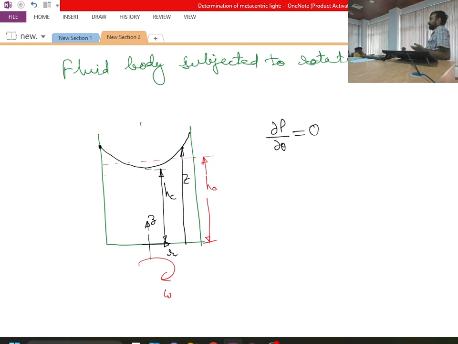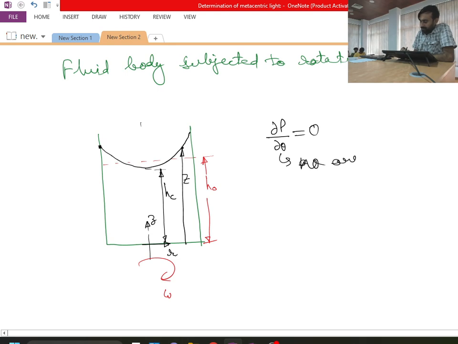So the profile of the free surface and of the properties will be the same everywhere. There will not be any change in properties if I keep rotating the plane at any angle. That is the reason I am writing del P by del theta equals 0, so there is no angular variation. Is this point clear?